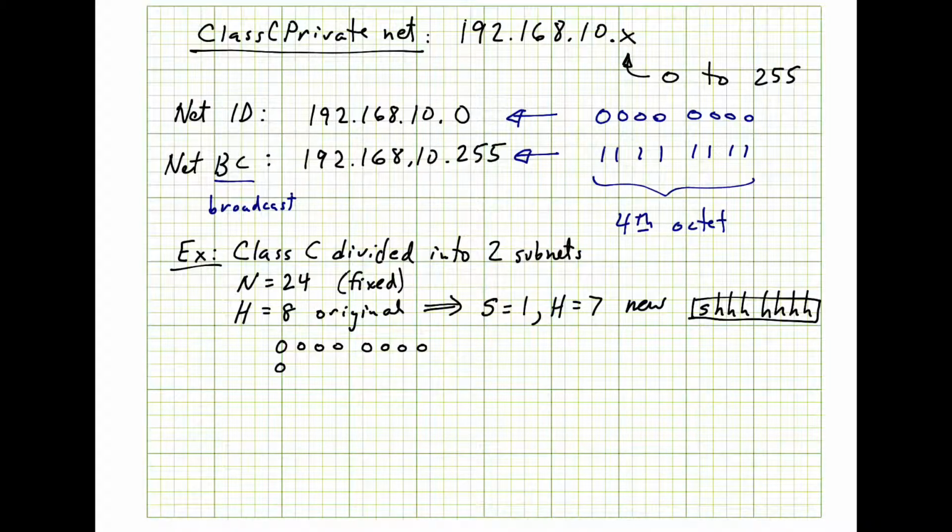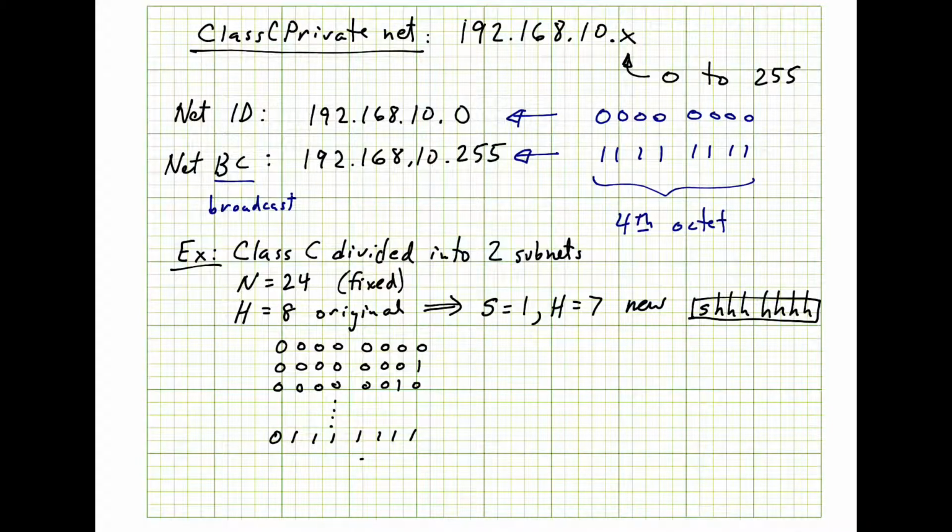And the very next IP address here is 1, and we're just counting in binary now. Okay, and we're going to go all the way down to 0, 1, 1, 1, 1, 1, 1, 1.